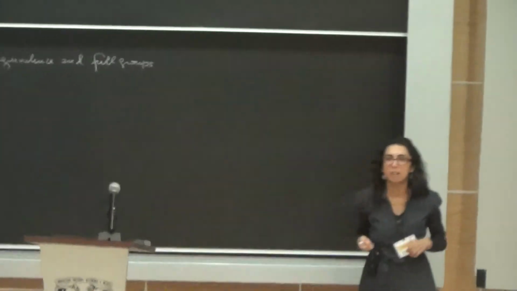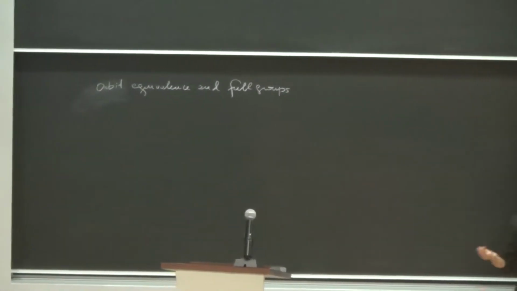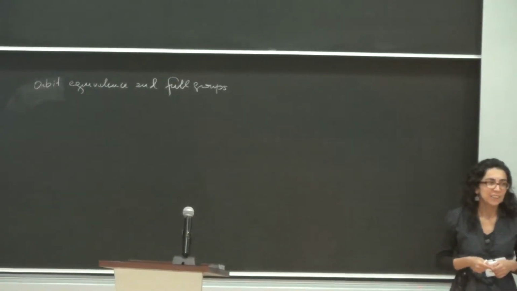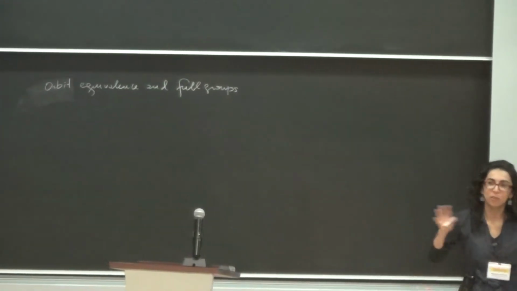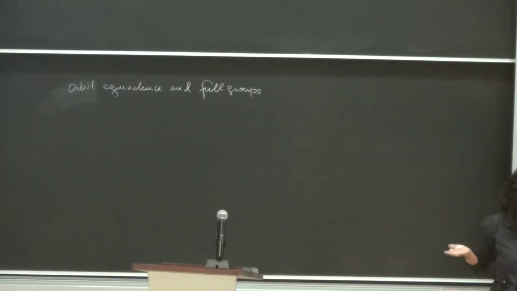Today I'm going to talk about the relation between full groups and orbit equivalence. Full groups were introduced in the mini course of Bolodia, but I'm going to recall the definition just to use the same notation here.